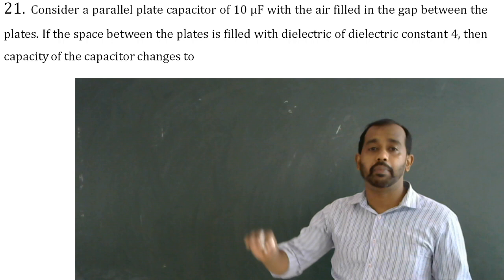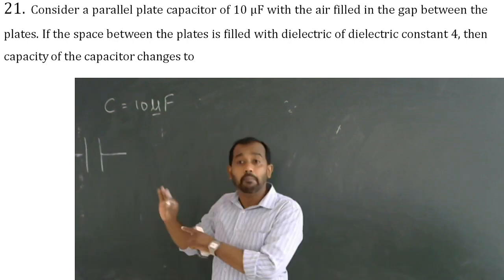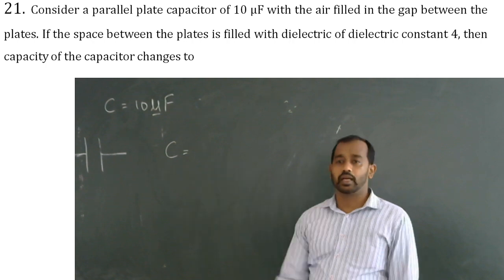Initially, the space between the two plates was completely empty. We know that for a parallel plate capacitor, free space and air are almost treated as the same. So for an air capacitor, the capacitance is given by the general expression in terms of its geometrical configuration, like size and the distance of separation.